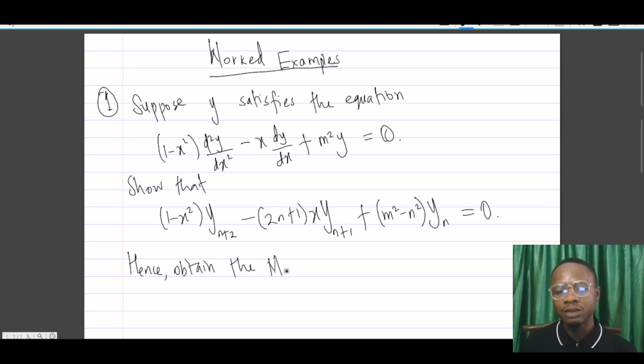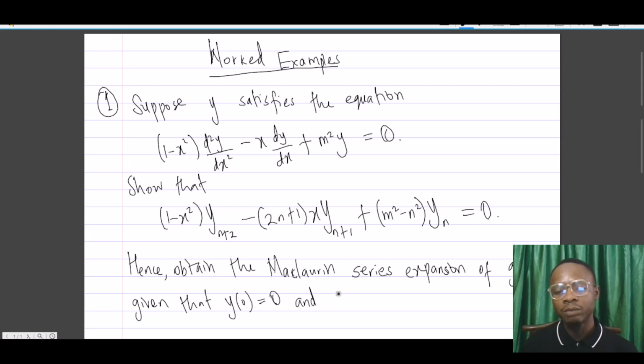the Maclaurin series expansion of y, given that y of 0 equals 0 and y prime of 0 is m.